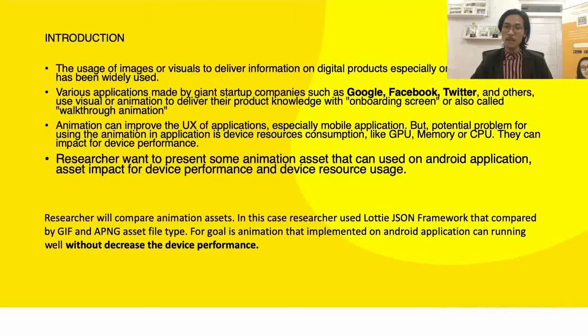But the potential problem of using animation in an application is that it can decrease device resources or performance, like graphic processing unit, memory, or CPU. Fourth, researchers want to present some animation assets that can be used in Android applications and analyze the impact of the assets on device performance and resource usage.